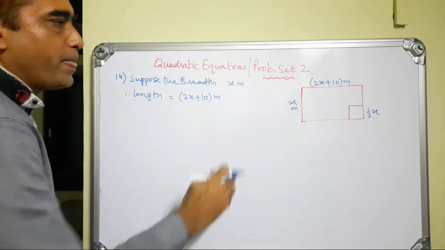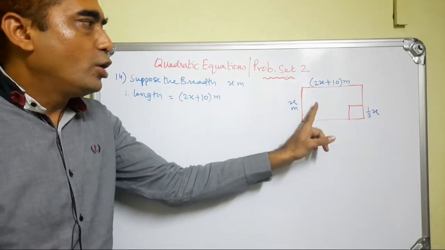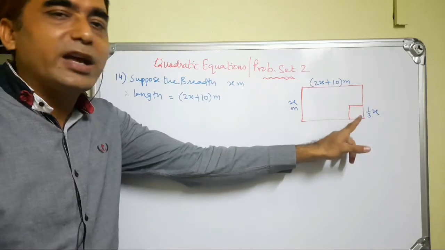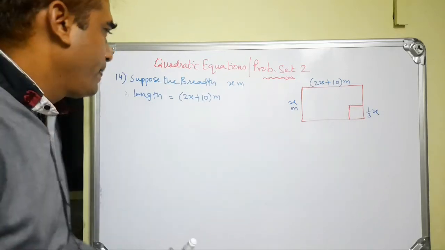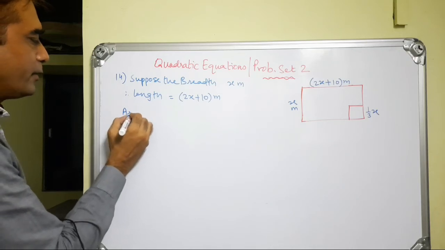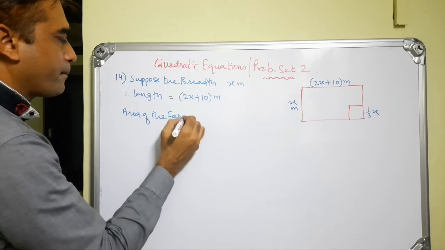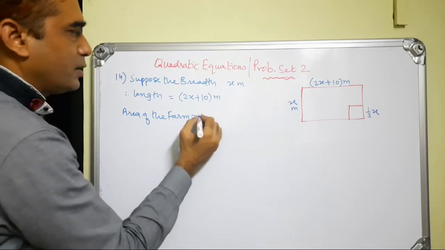One more thing is given, that the area of the farm is 20 times the area of the pond. Now the length is this much, so area of the farm equals length into breadth.